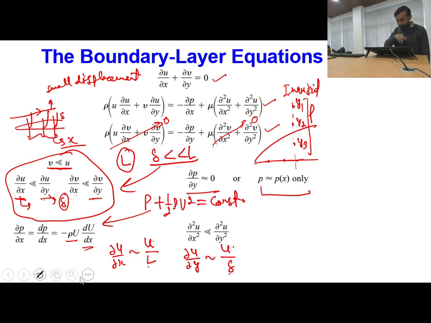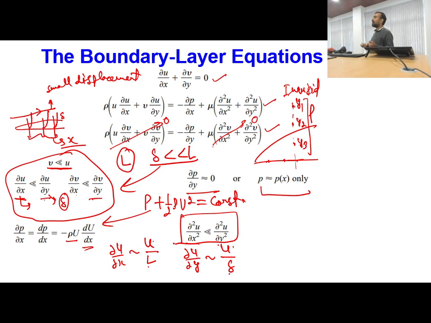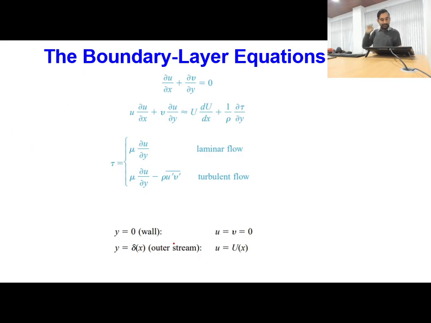And the third important point is, because we find that the major variation of velocity is in the y direction, I can say that the second derivative of u velocity with x will be very small in comparison to the second derivative of u with y. So this is the final assumption we will be making. After taking these assumptions of the thin boundary layer, which were particularly formulated by Prandtl, we get the simplified set of governing equations.